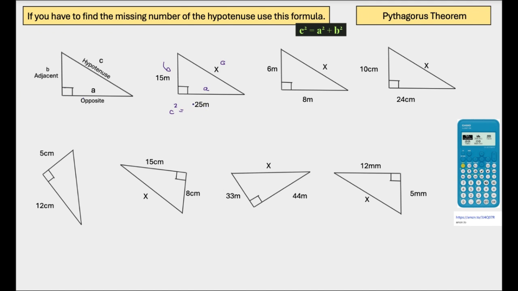So a is 25. So that's going to be 25 squared plus 15 squared, because that's our B. So let's work all that out on the calculator. 25 squared is 625, plus 15 squared, which is 225.